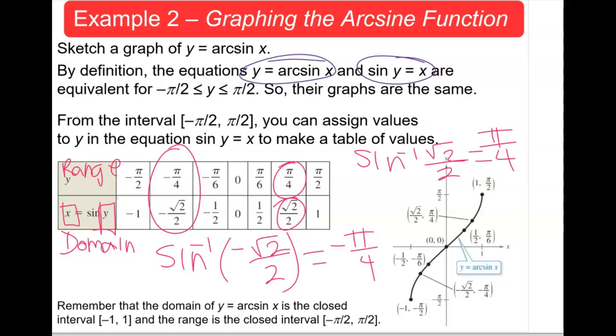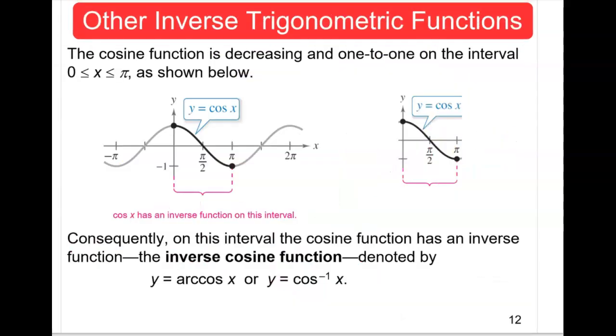And remember, we have to use the angles that go from negative pi over 2 to pi over 2. Although there are more solutions to this question, our answers must be coming from here because that is how the range is set based on the way we restricted the domain of the original sine function.